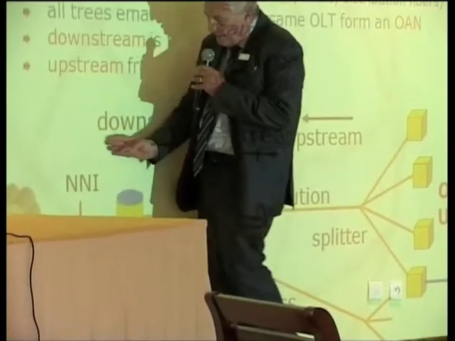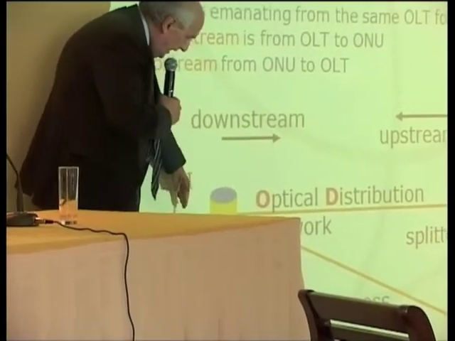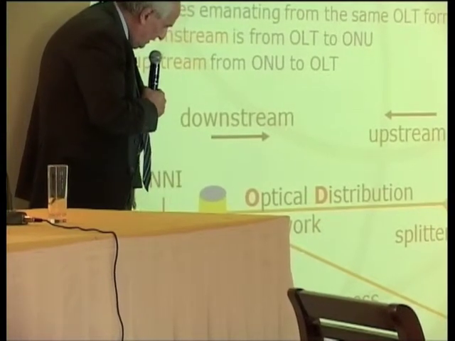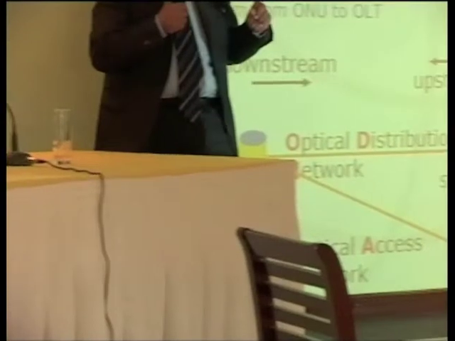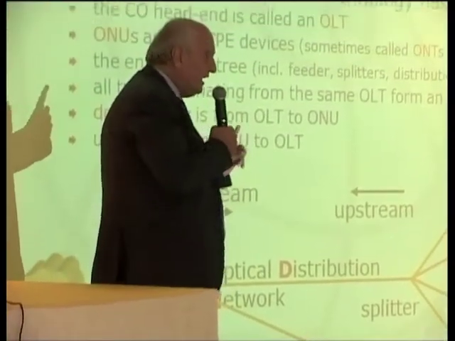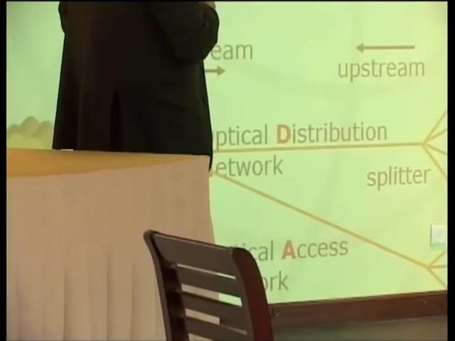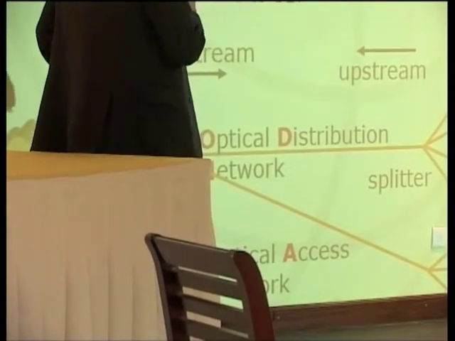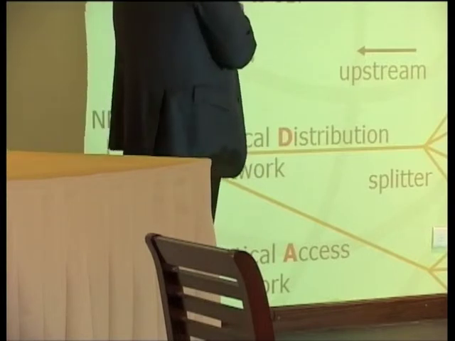This is the central office side. We have the interface of the metro access network through a network interface. And in the central office, we have just one active equipment, which is the optical line terminal, OLT, which is able to serve a lot of customers.